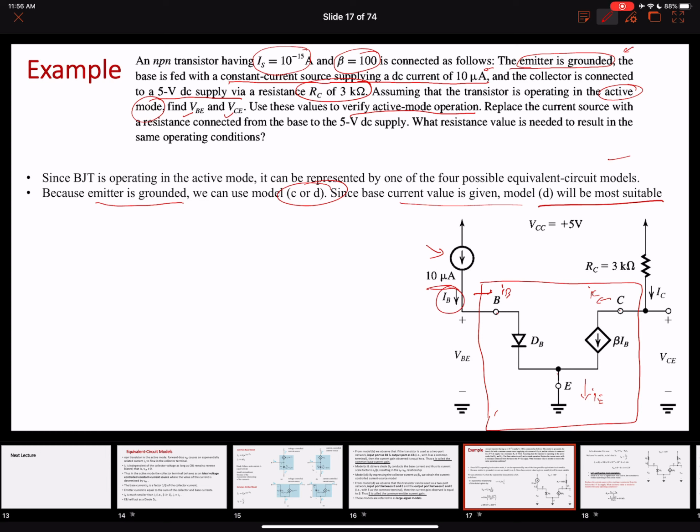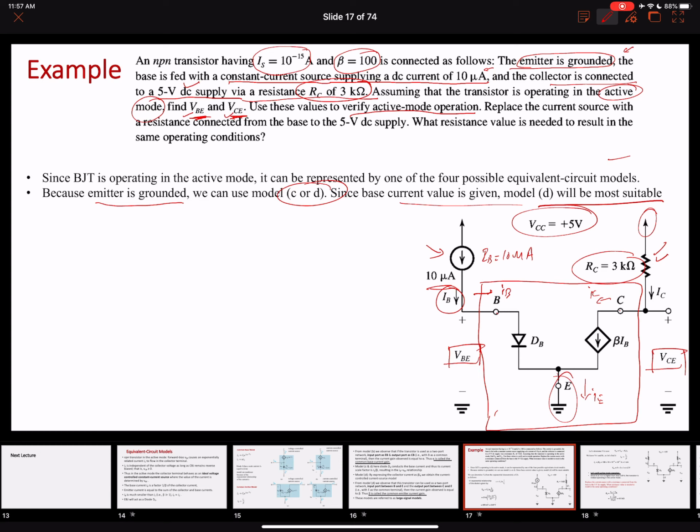So our base current over here will be 10 microamperes. Then the collector terminal is connected to a resistor, 3 kilo ohms. That was provided over here, right? So the collector is connected to a 5-volt DC supply and a resistance. So we ended up putting a resistance connected to a 5-volt supply. And what we are interested in finding out is the value of the base to emitter and the collector to emitter, right? Since our emitter is common, we need to find this value, VBE, and we need to find the value between the collector and the emitter terminals.